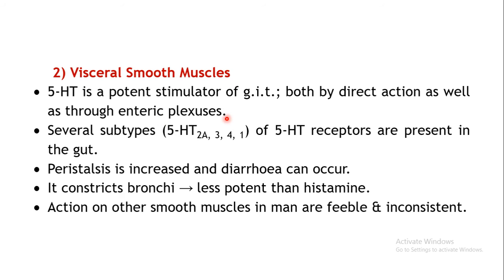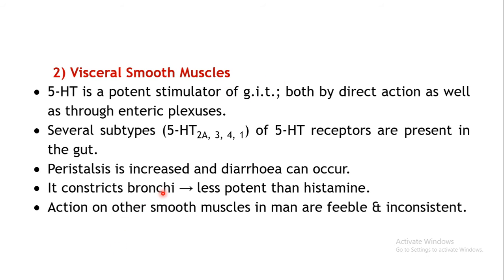Both ways it will result in stimulation of the GIT, that is, it will increase the contractile property of your GIT. So peristaltic movement will increase, it will increase the peristalsis, and diarrhea can occur because of the action of 5-HT. So this is to do with the actions in the GIT, and also we have seen that more than 90% of your 5-HT is found in the GI tract.